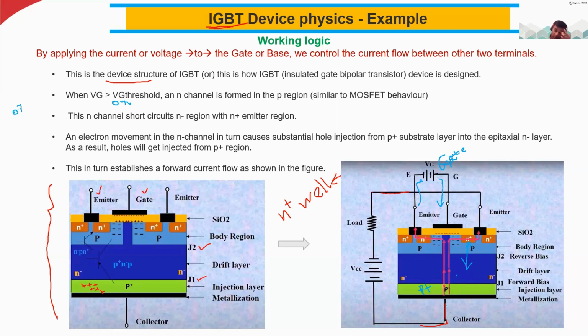So now the current flows from this collector to this emitter. That is what we want. We are achieving this current flow by applying this gate voltage, which in turn establishes forward current flow as shown in the figure.